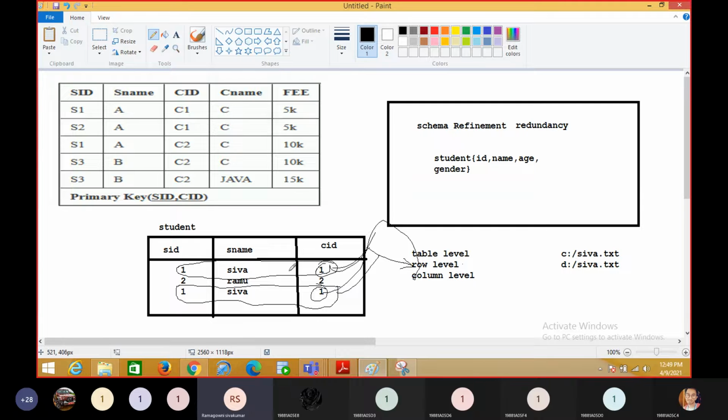So we need to refine it. How can we avoid redundancy? How can we minimize the redundancy problem? To avoid this problem, we should use the normalization concept.